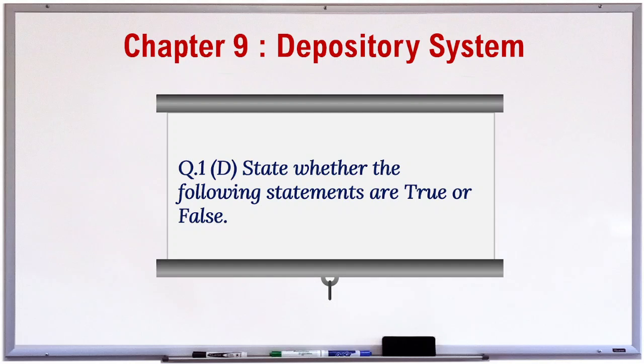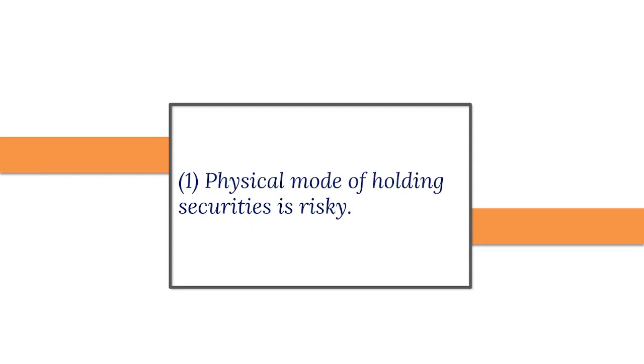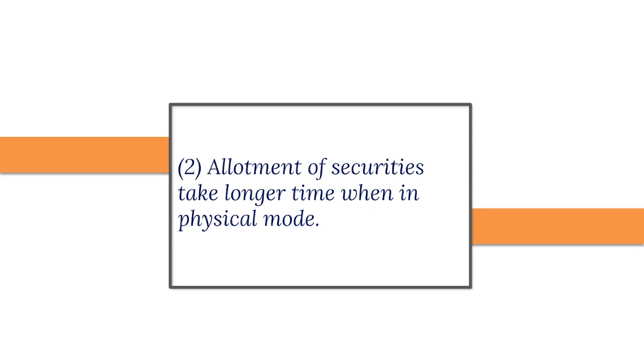Question 1. D. State whether the following statements are true or false. 1. Physical mode of holding securities is risky. This statement is true. 2. Allotment of securities take longer time when in physical mode.